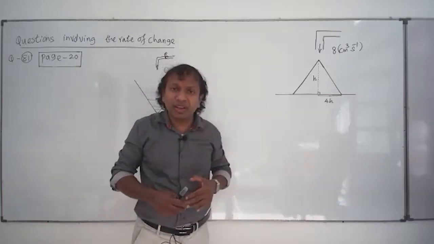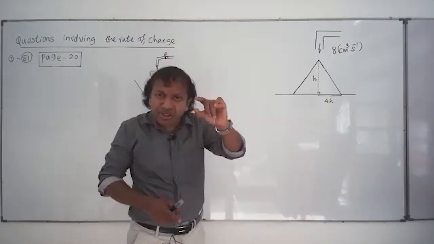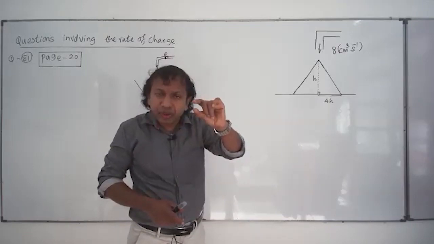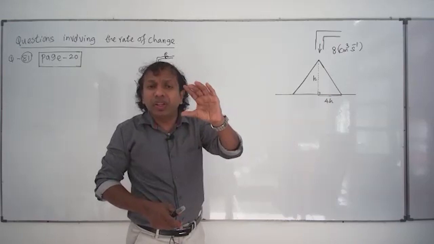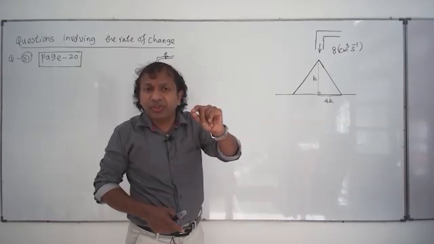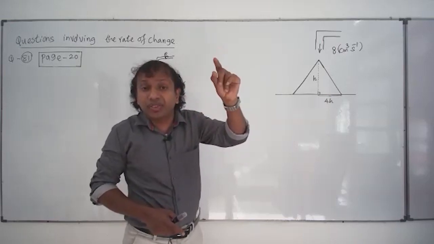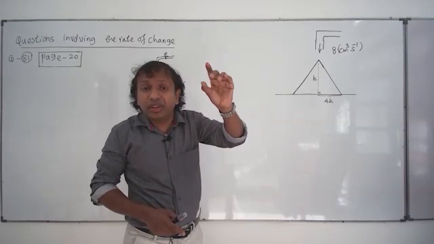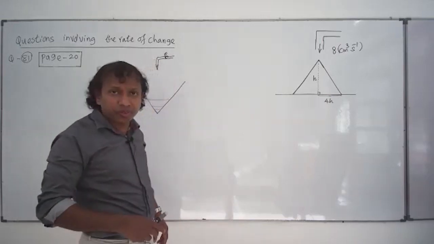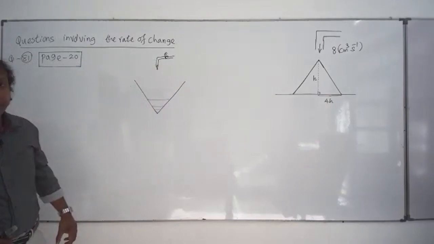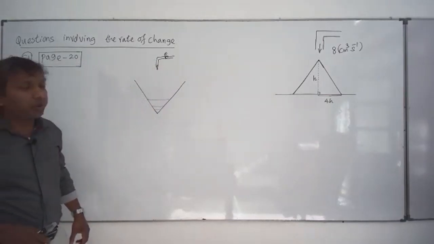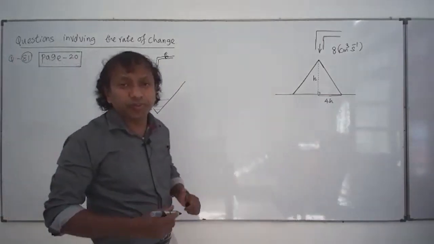What do you mean by that? If we measure, when the height is 6 centimeters, the rate of increase, that is the one we need to find. Now, I have drawn a diagram like this.